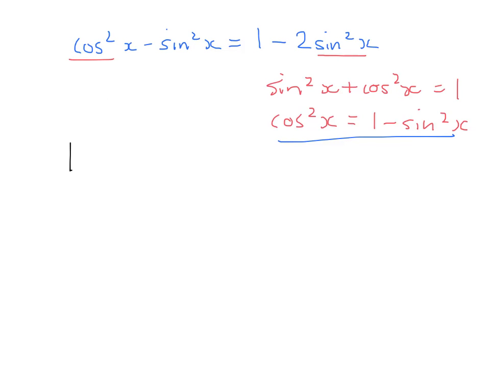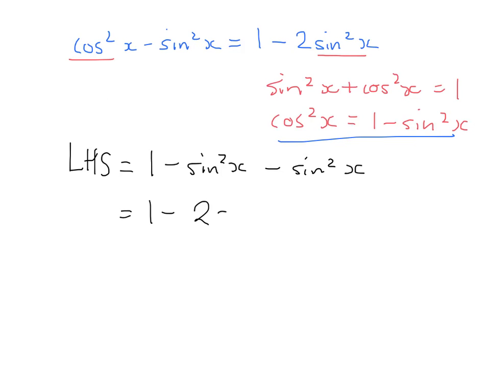So we have left hand side becomes 1 minus sine squared x from our cos squared x, minus sine squared x, and combining terms we have 1 minus 2 sine squared x, which again is just our right hand side. So we have another one done.